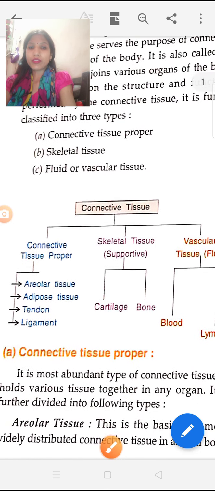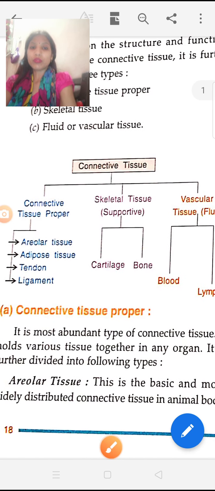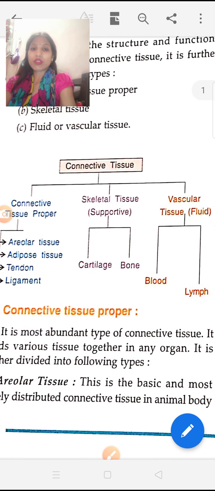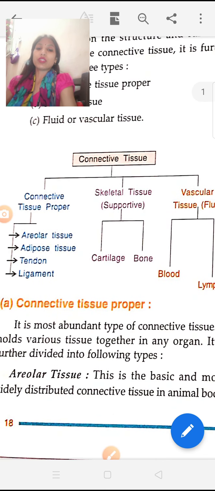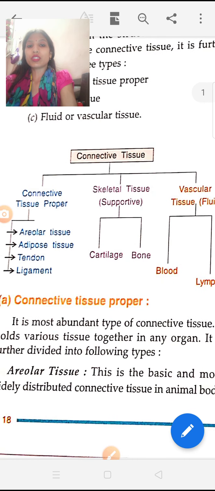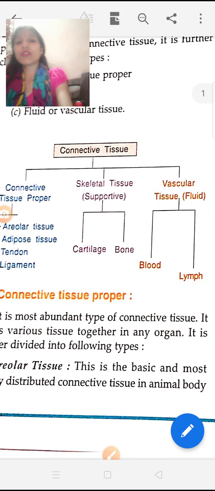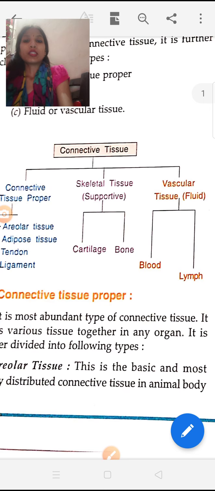Here you can see the classification of connective tissue. Mainly it is divided into three main types: the connective tissue proper, the skeletal tissue, and the vascular tissue, which is also known as the fluid vascular tissue.